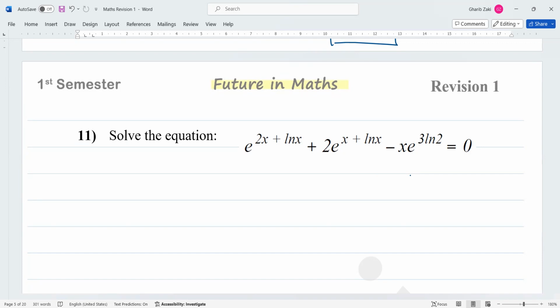In power, plus it means product. Then we write this equation as e to the power 2x multiply e to the power ln x plus 2 e power x multiply e power ln x minus x e to the power, we take 3 to be power. So it's e to the power ln 2 power 3 equals 0.